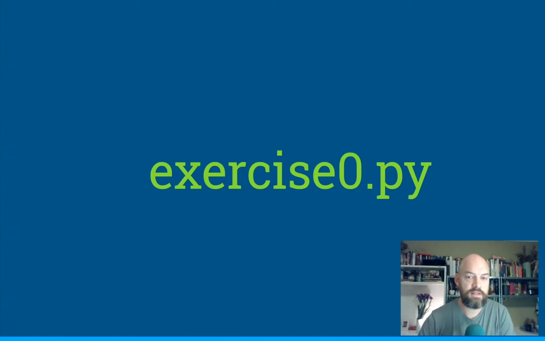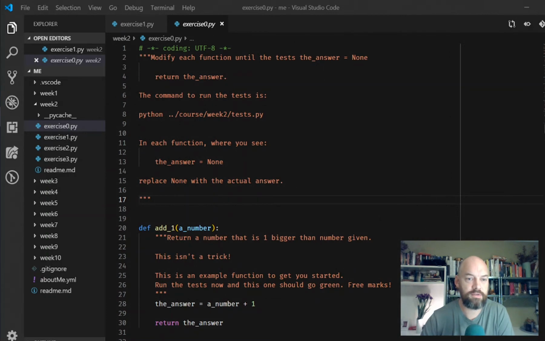So exercise 0, because we start counting from 0, is a series of relatively straightforward programming tasks. With all of these things, people get caught out because they assume that I'm trying to be tricky. These were basically the easiest things I could think of to write.